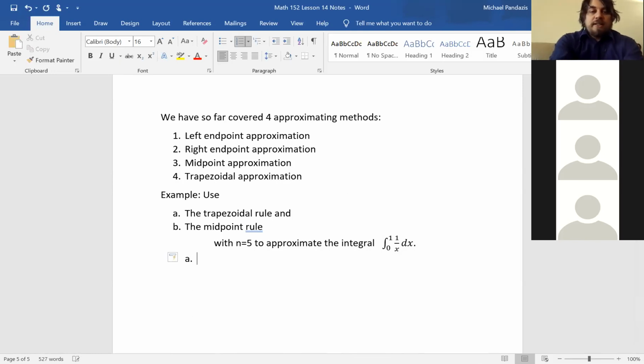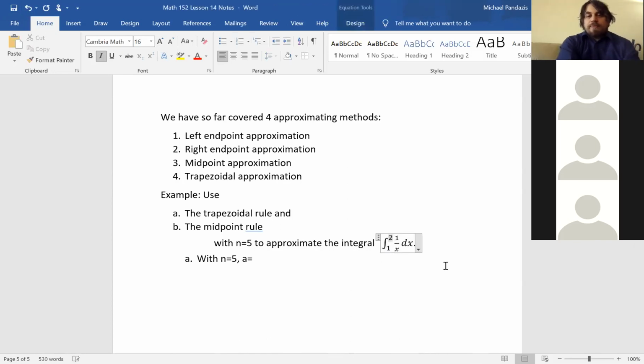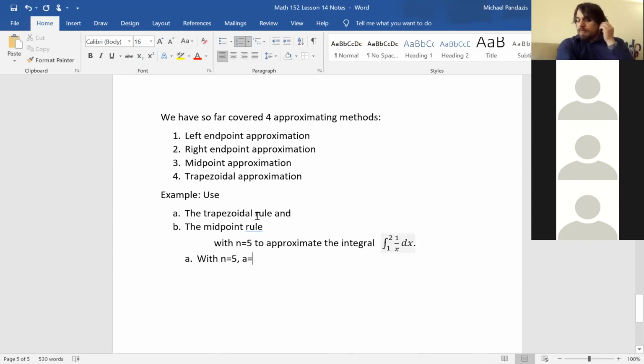So for A, we're going to use the trapezoidal rule. With n equals 5, a equals 1, b equals 2, so it's from 1 to 2.